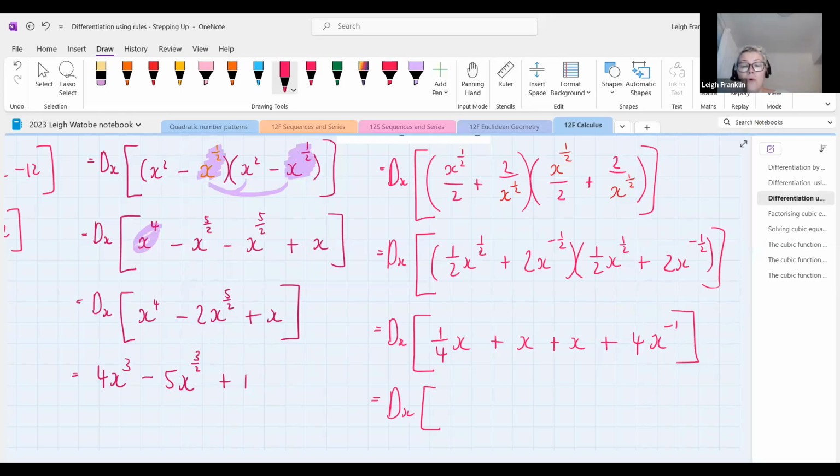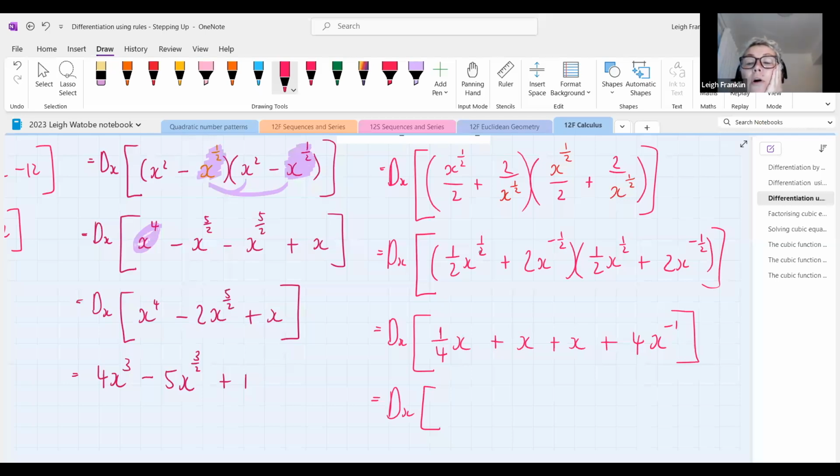Hang on a second. More like 9/4x. Hang on a second. I don't know if I just want to double check myself here. So when you've got a half times a half is a quarter, then a half plus a half would leave us with 1.